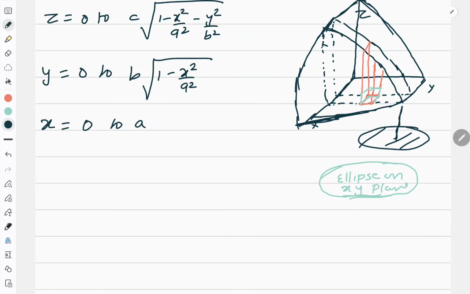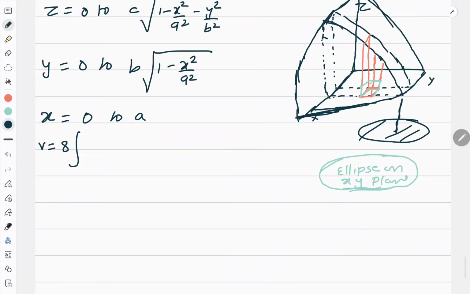So my volume will be equal to 8 ∭ dx dy dz over the limits of x and y. Integrating with respect to z, I put the limit from 0 to c√(1 − x²/a² − y²/b²). And then I should integrate with respect to y, and with respect to x also.